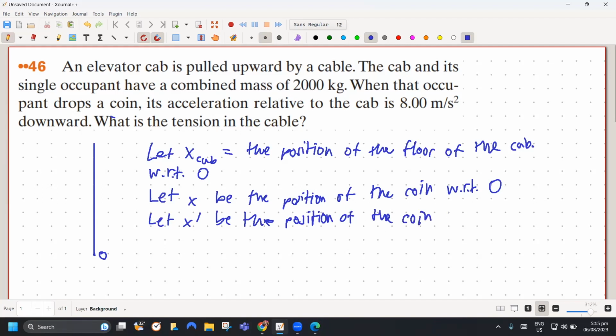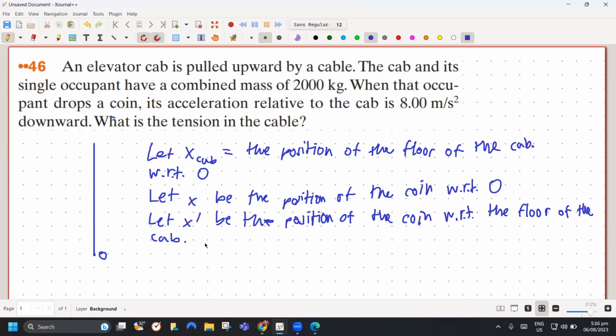The floor of the cab, hindi O, kasi yung floor of the cab is going to be X cab.